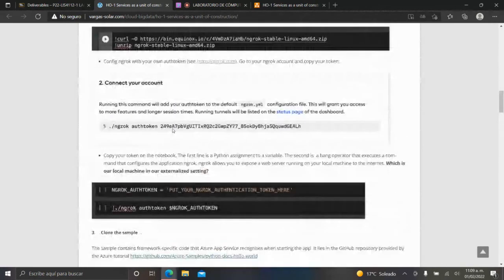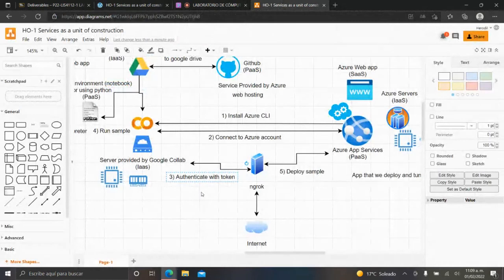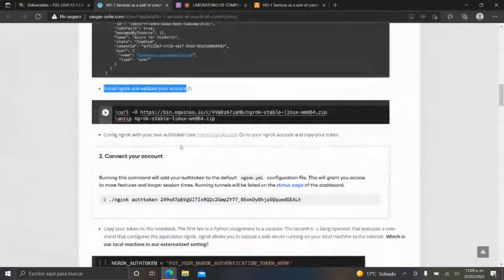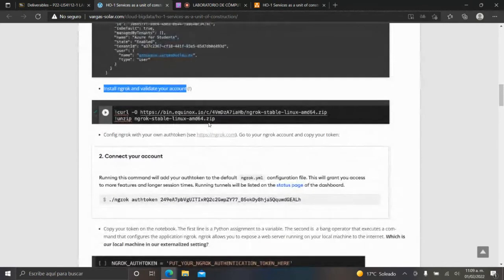By executing, in fact, the zip contains a script, and we ran that script, and we provided our token in order to configure the ngrok service with our authentication token that will allow us to get out to the world in what we were going to do.